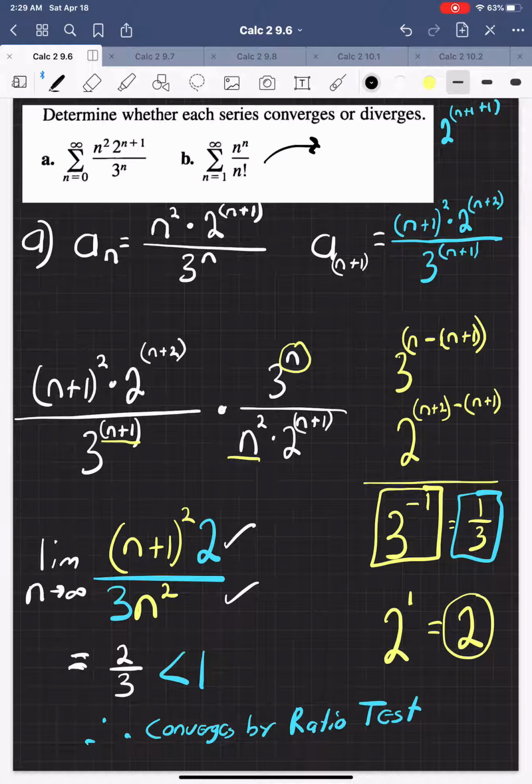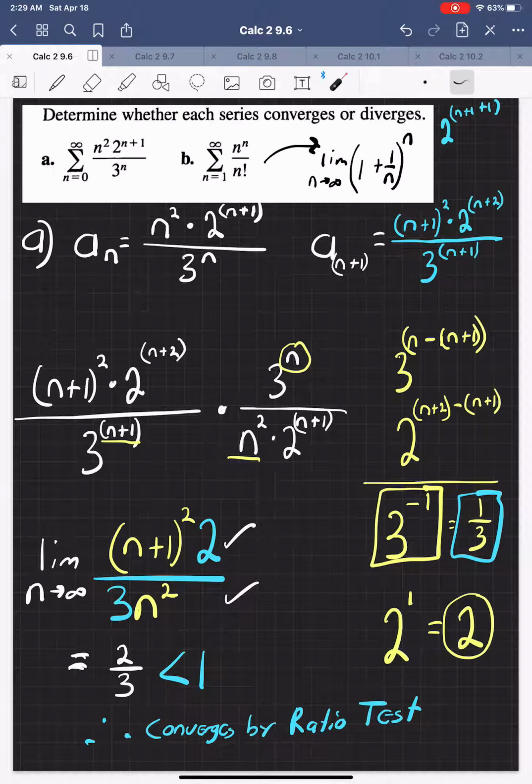And if you can't, then you're going to come see me during office hours, and I'm going to help you. But after all the simplifying, you end up with the limit with n going to infinity of 1 plus 1 over n to the power of n.